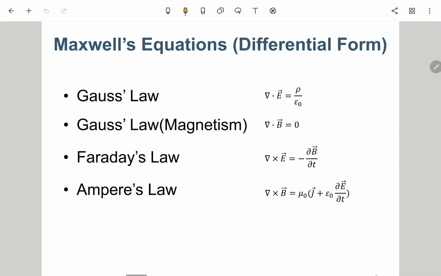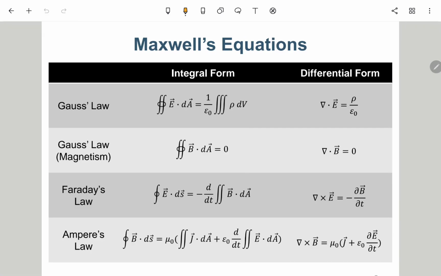Okay, so the next. This is the differential form for all the four laws. Here we try to compare. On the left side is the integral form, and on the right side is the differential form.